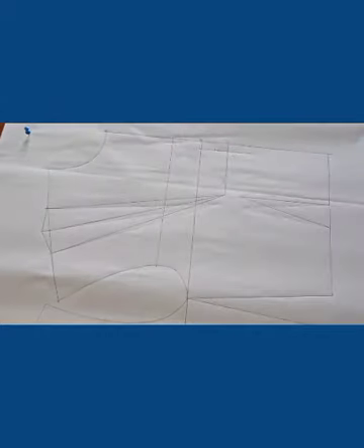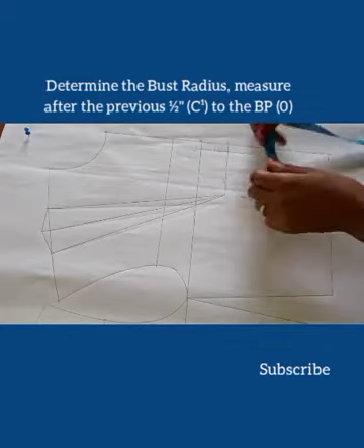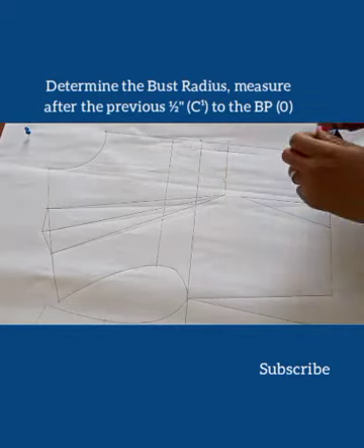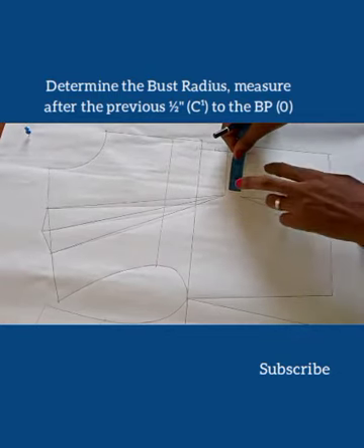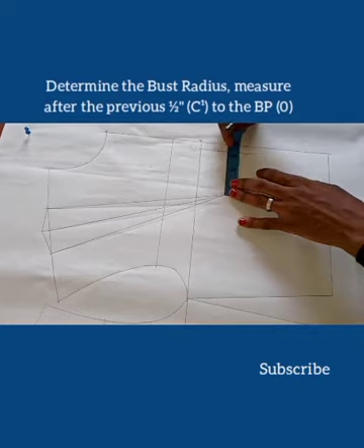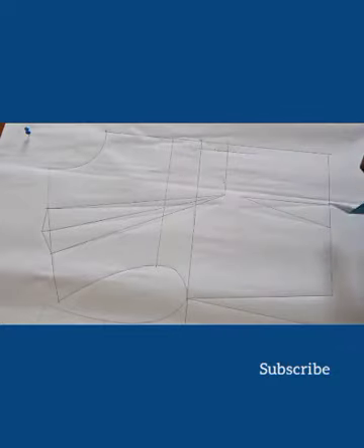So now we need to determine our radius. How do we do that? I'm going to measure from C1 down to, let me say, O. The bust point is O. So what I have is 3 1/4. 3 1/4 is what I'm going to use as the radius for my bust arc.